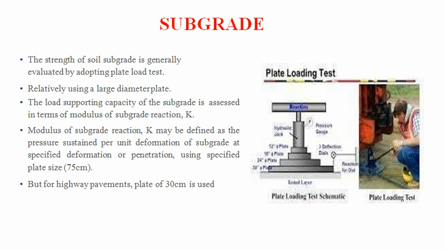Then the strength of the soil subgrade is generally evaluated by adopting the plate load test on the site, and here we have to use a relatively larger diameter plate so that the load supporting capacity of the subgrade is assessed in terms of the modulus of subgrade reaction, that is K. This modulus of subgrade reaction K may be defined as the pressure sustained per unit deformation of the subgrade at a specified deformation or penetration using the specified plate size, that is 75 centimeters.